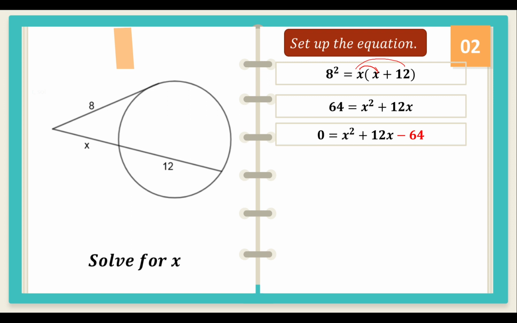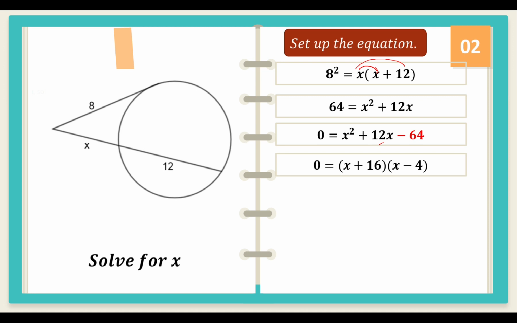Then we solve the quadratic equation. Is the trinomial factorable? Yes, it is. So factoring, we have negative 64, having the factors 16 and negative 4. If we check, 16 times x is 16x, and x times negative 4 is negative 4x. If we add that, we arrive at the correct middle term.